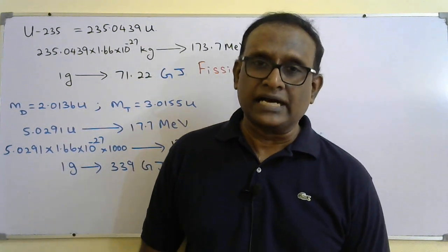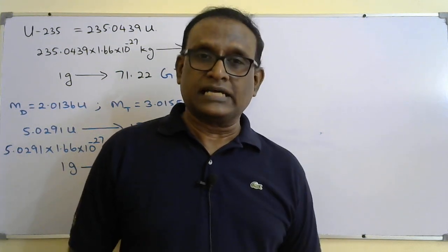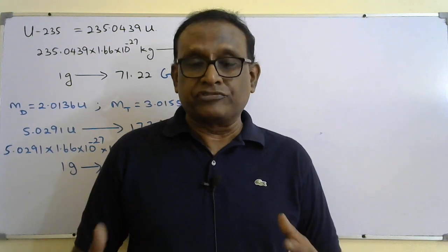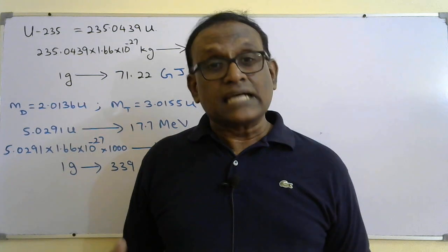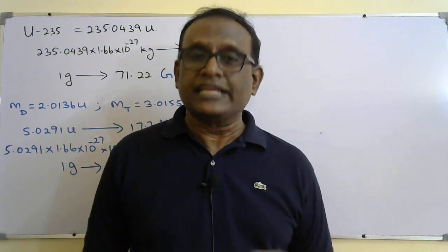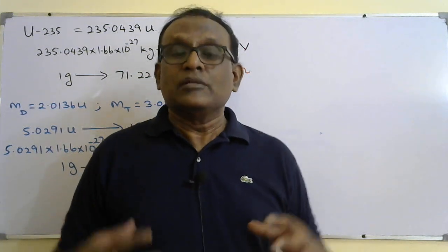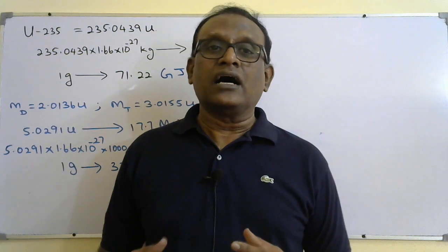The second problem is that to sustain the fusion reaction, the rate of collision should be much higher. To have such a higher rate of collision, the density should be much higher. So a very strong magnetic field is required to keep such higher density. But in stars, naturally they have inward gravitational pressure. Due to the inward gravitational pressure, they are able to continue the fusion reaction inside the core.